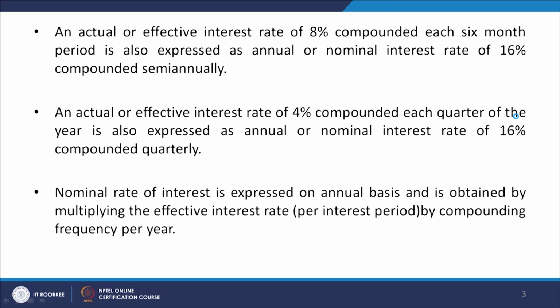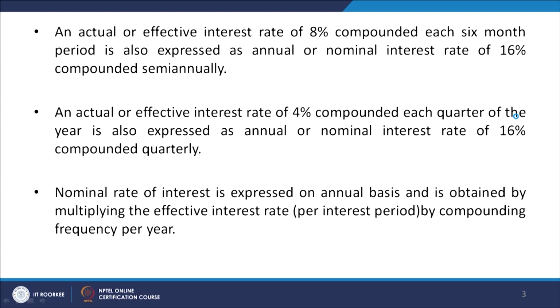Now, the actual or effective interest rate of 8% compounded each 6-month period is also expressed as an annual or nominal interest rate of 16% compounded semi-annually. So, what we see is that there are 2 terms, one is the nominal interest and another is the effective interest.